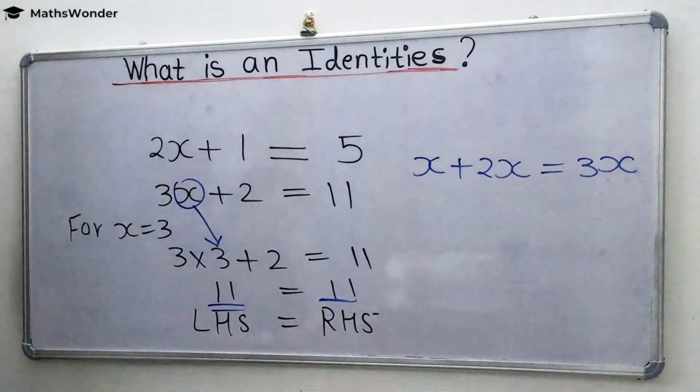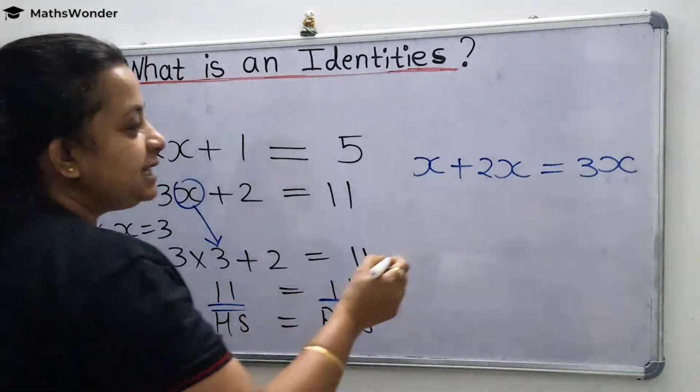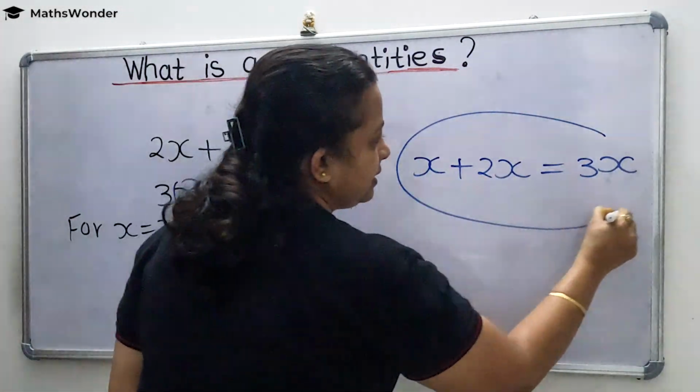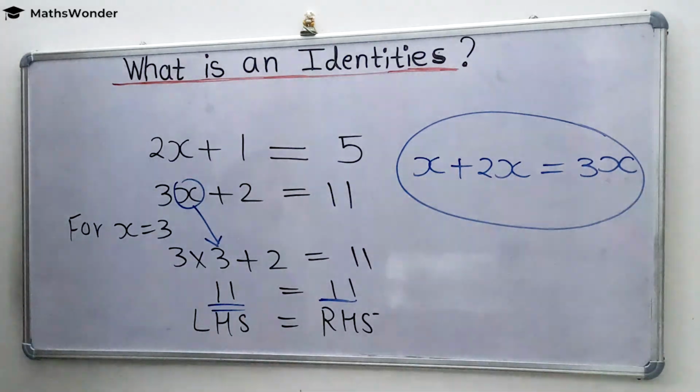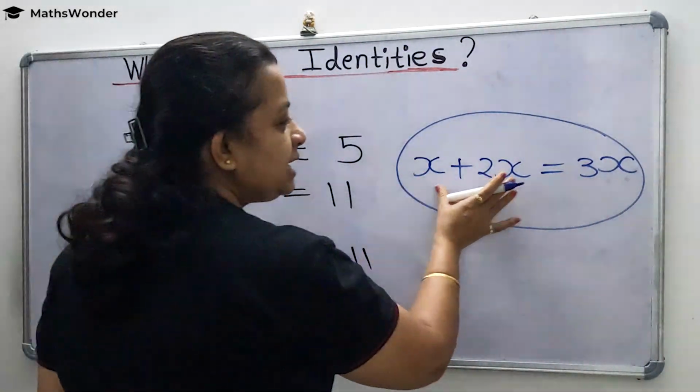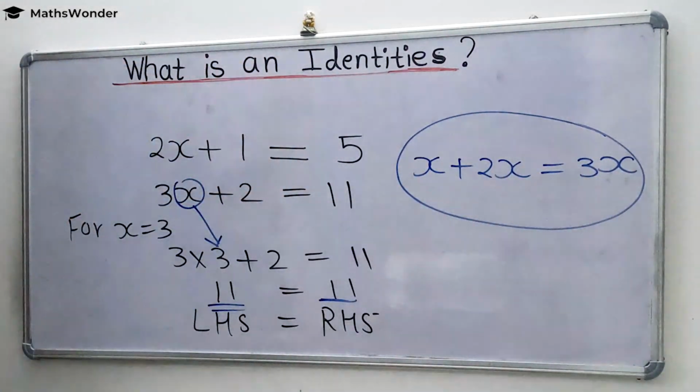This type of equality is known as an identity. Because if you substitute any value of x, you will see both sides have the same value. So an identity is an equality which is true for all values of the variable.